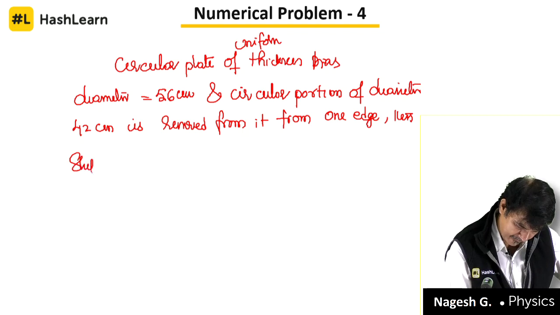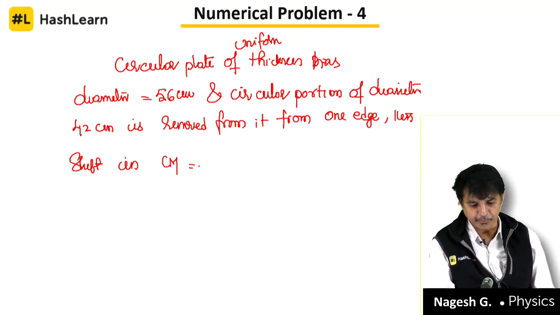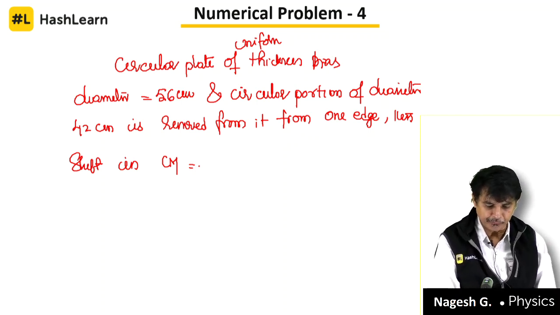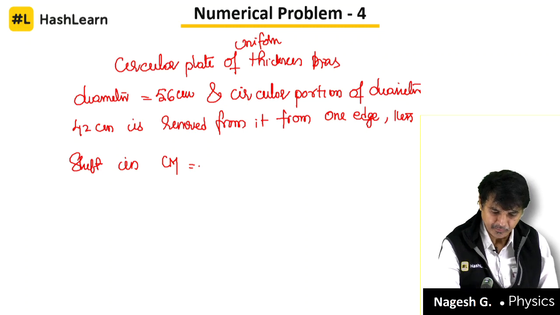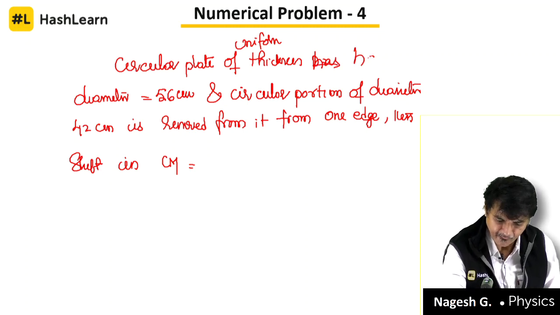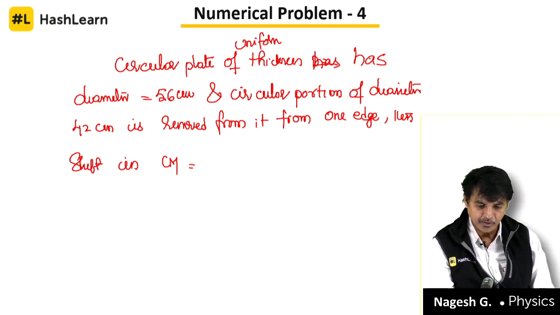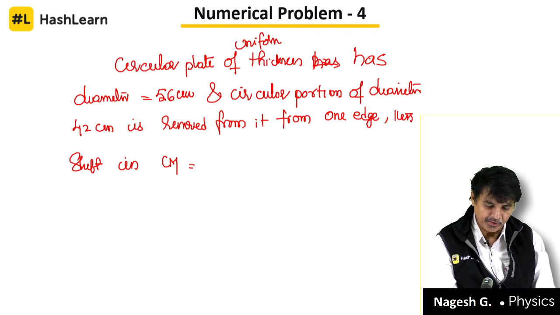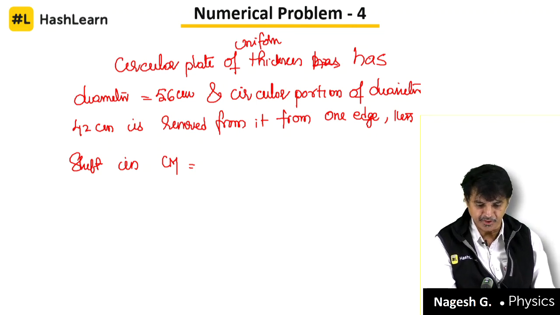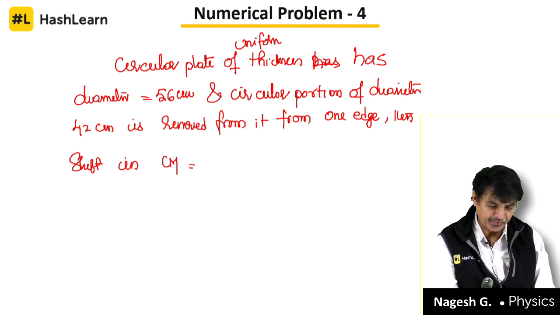Then shift in center of mass is equal to what? I am narrating the problem. A circular plate of uniform thickness has diameter equal to 56 centimeter and a circular portion of diameter 42 centimeters is cut and removed from it from one edge. Then shift in center of mass will be how much?